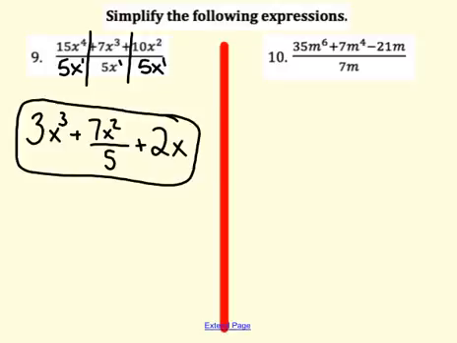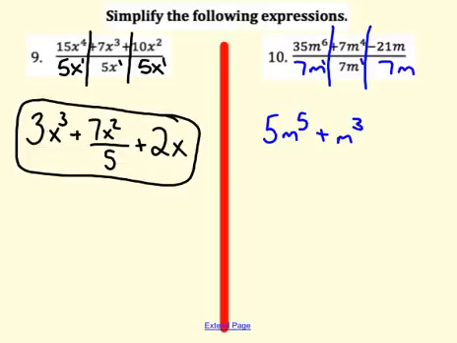It's great. And then last but not least, we have 7m. Alright, 35 divided by 7 is 5m to the 5th. 6 minus 1, alright. 4 minus 1, so I'm seeing an m to the 3, because 7 divided by 7 is 1, and I'm too lazy to write the 1. And then minus 3.